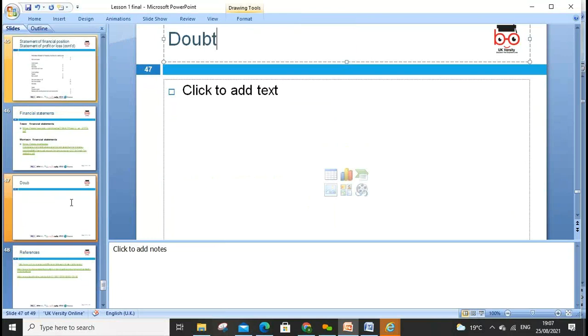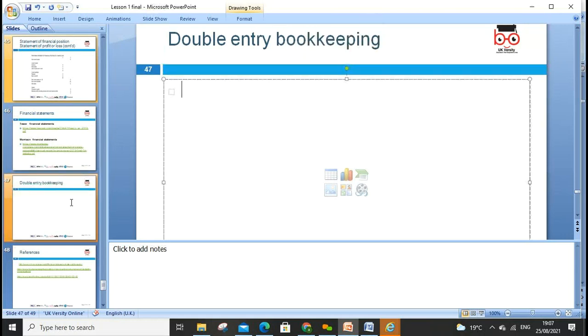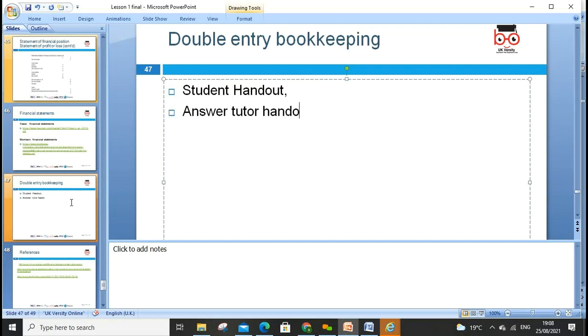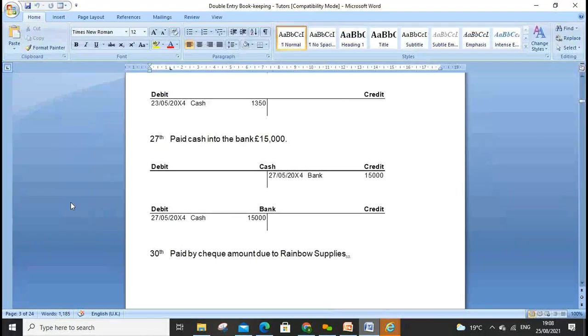There is a student handout, and answers in the tutor handout, that will be available on Moodle. So we need to go through it, please.